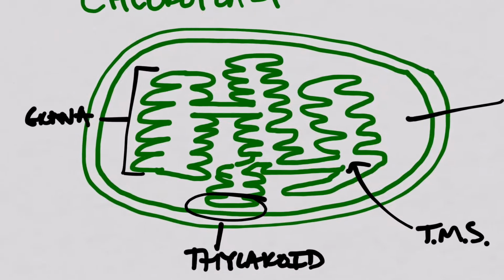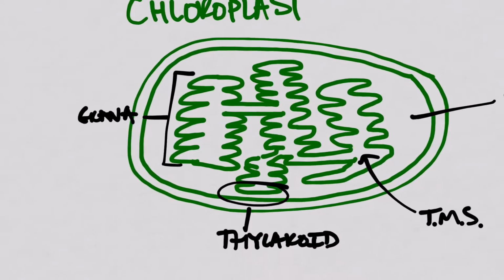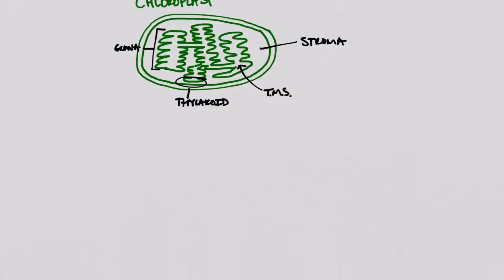I'm actually going to zoom in on one stack of thylakoids down below here, and we're going to use that to talk about basically how photosynthesis is taking place on the TMS.